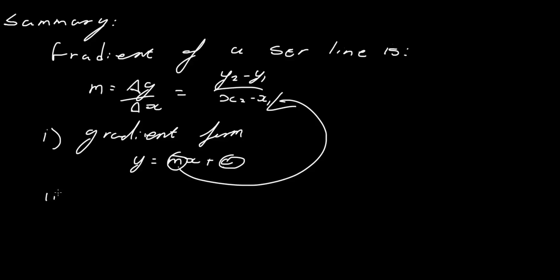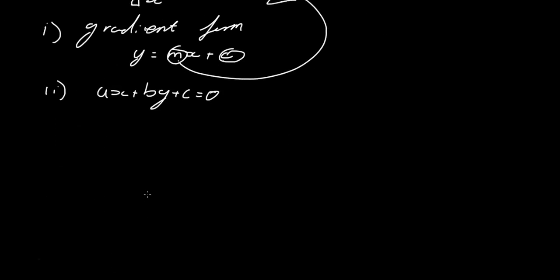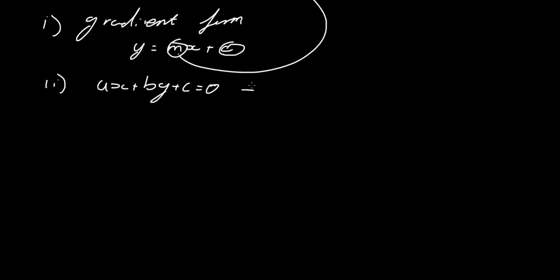Okay. Number 2 is the general form, which is ax plus by plus c equals 0. This form is not particularly useful. The only time I can think you'd use it is if they tell you to write it in the general form. So that's general form. Okay.